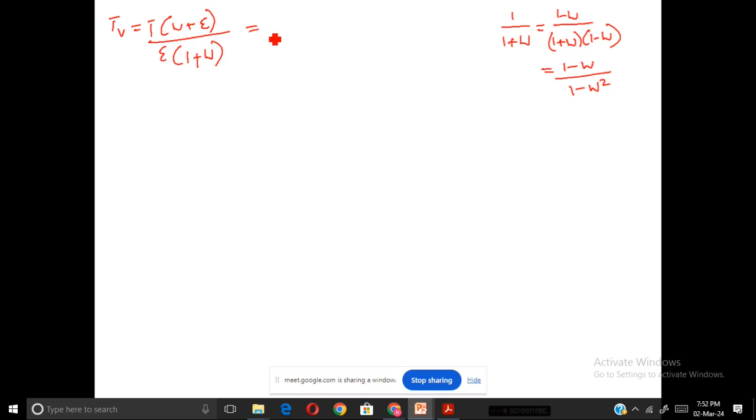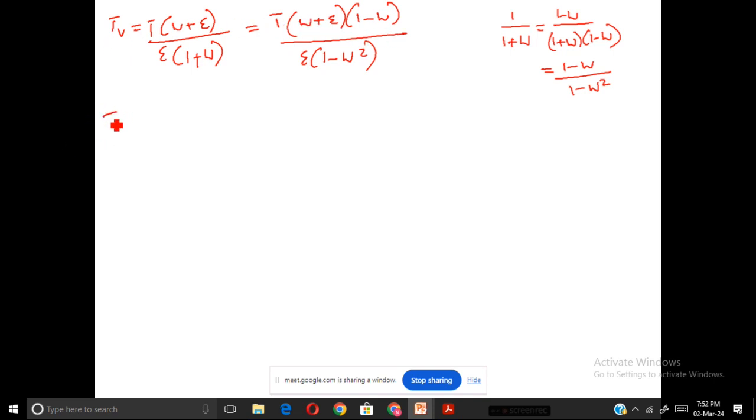So TV will become T into W plus epsilon into 1 minus W by epsilon into 1 minus W square.